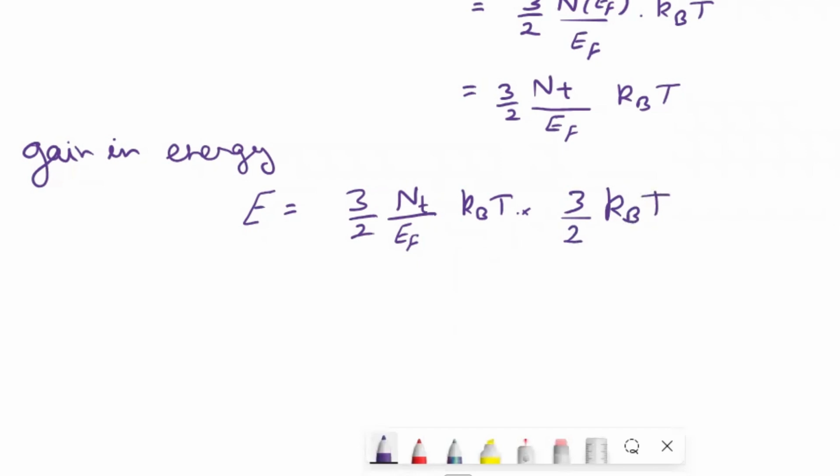Right, so it will become 9/4 N T upon E_F times kB square T square.